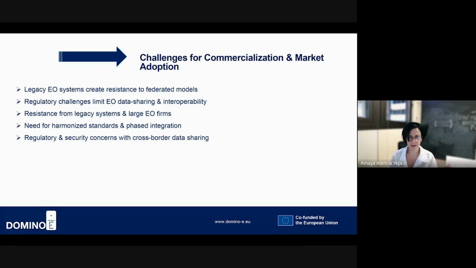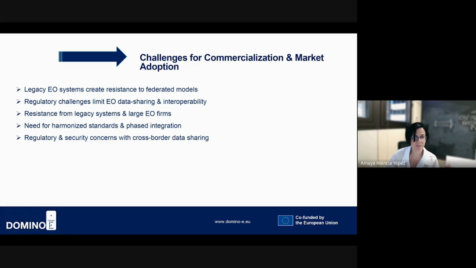So these are important challenges: the existence of legacy EO systems, the regulatory and security concerns, and the resistance to adopt and integrate these standards and harmonization or certification by large EO firms.